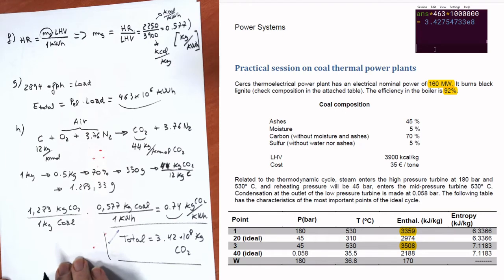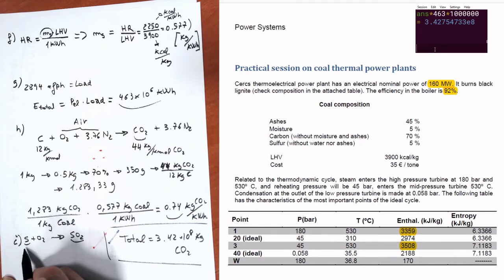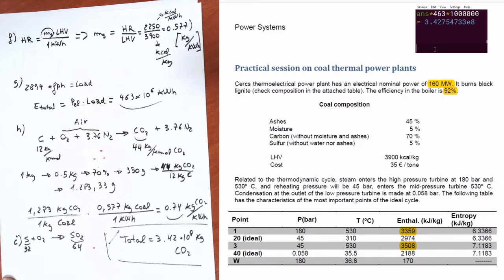Okay, now for question E we do the same. Now I'll do it here small, I think it fits. Now the reaction is very similar because we have S plus O2, so this will bring us SO2. The weights here: this is 32, and this one will therefore be 32 plus 16 plus 16, which is 64.